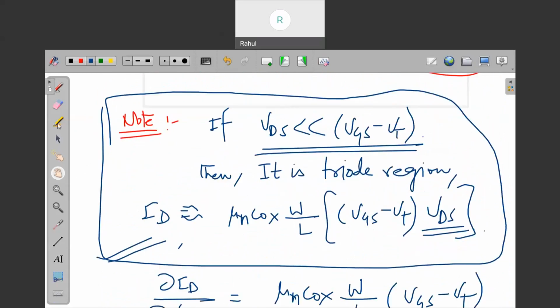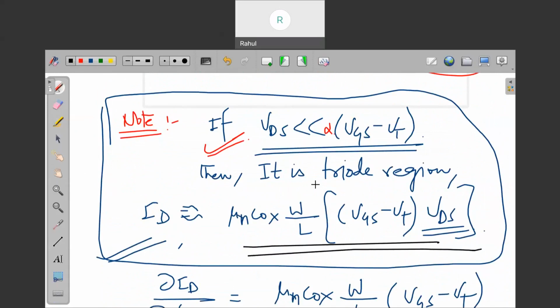Right? Whatever you want to call it, right? So this is the condition. MOSFET, here you can write, MOSFET behaves like resistor.